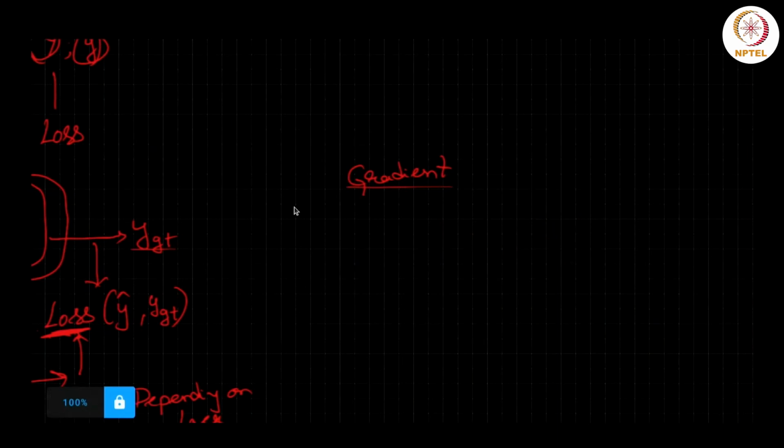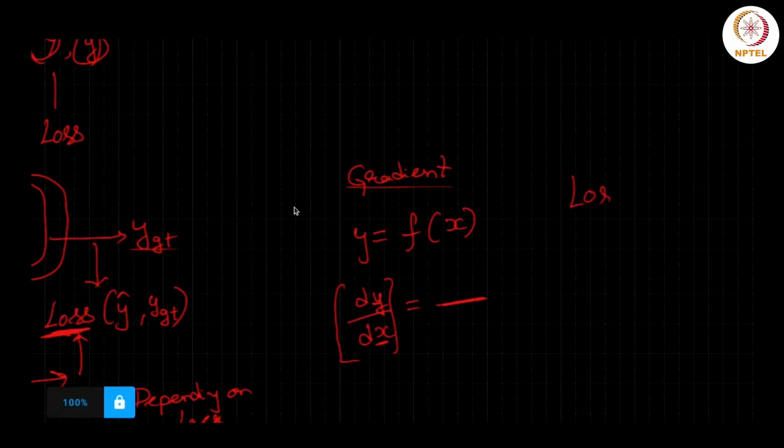So gradient, let's say you have a function which is y is f of x, right? So if you do simple differentiation, dy by dx, you get some value, right? So what is this differentiation telling you? This differentiation is telling you how y is changing with respect to x, right? And that is what we wanted, right? How is loss changing with respect to, let's say, wi.